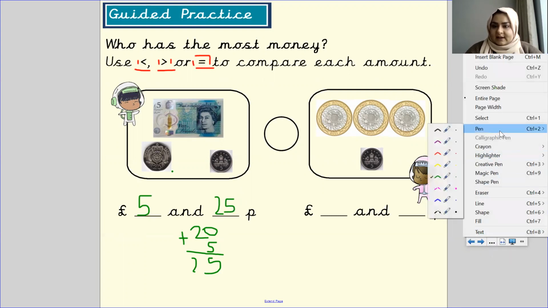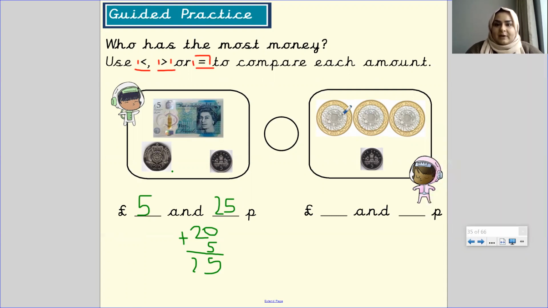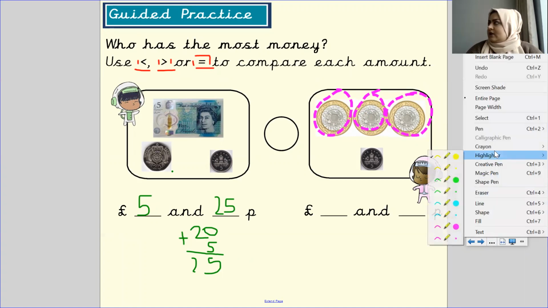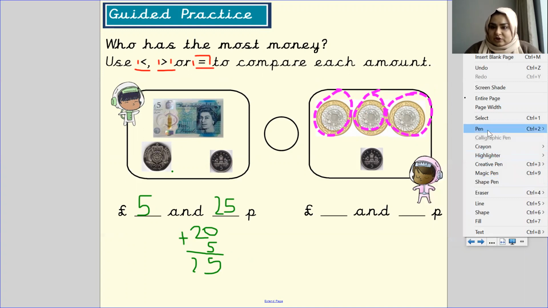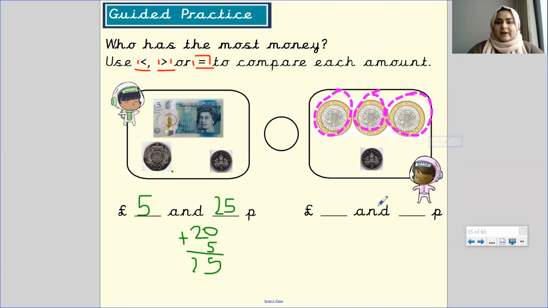Now the pink astronaut, so I'm going to get the pink pen. The pink astronaut has £2, £2, and £2. So she has 3 £2.